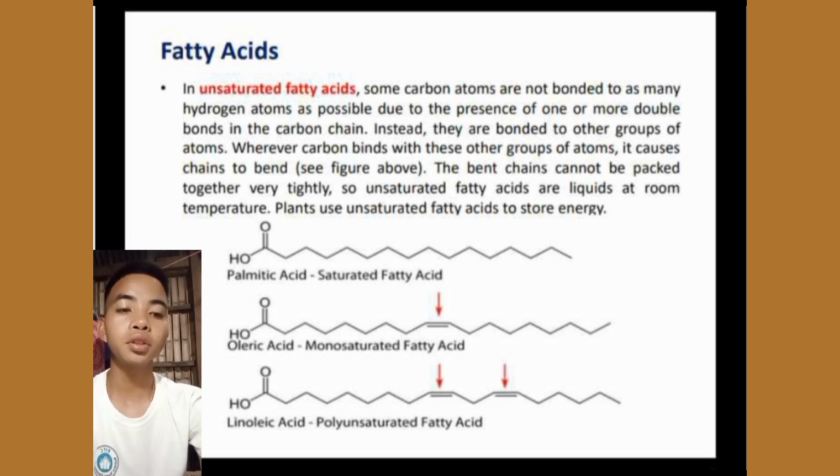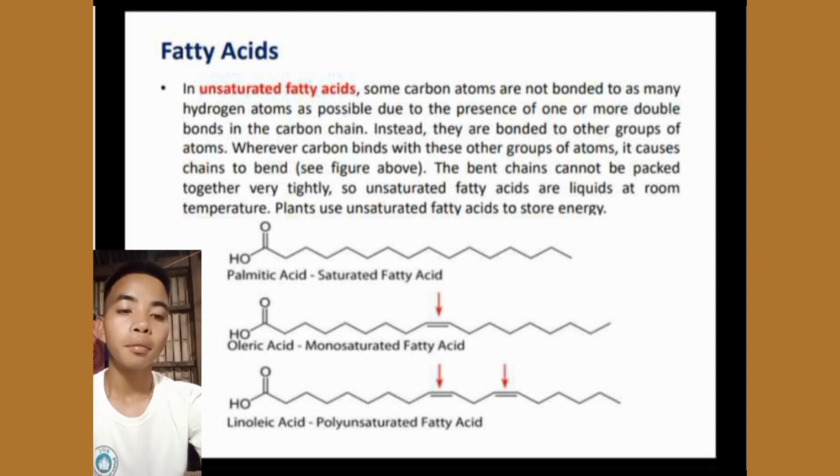There are two types of unsaturated fatty acids, monounsaturated and polyunsaturated. Monounsaturated fatty acids have one double bond. Foods high in monounsaturated fats include olive oil and avocados.